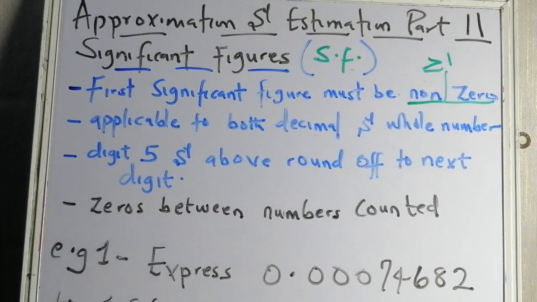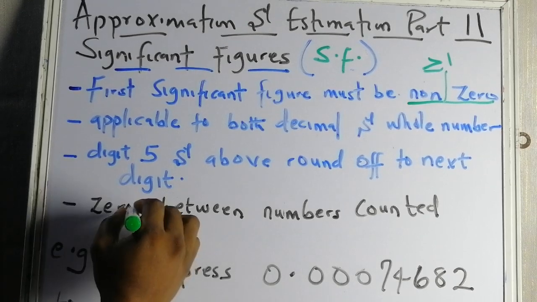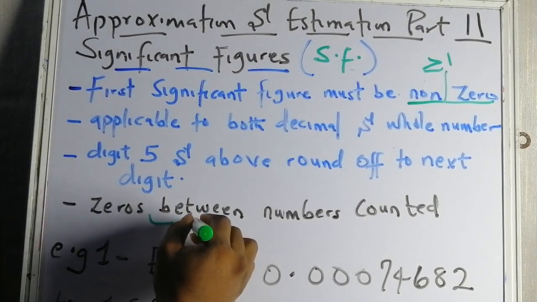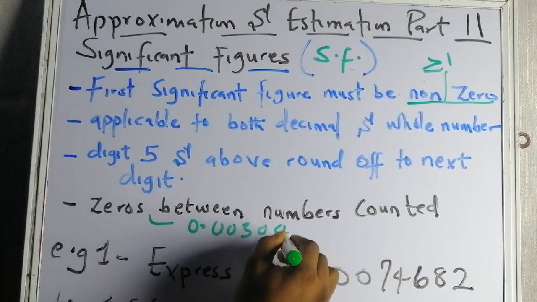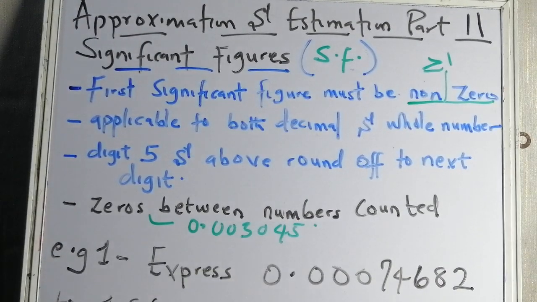Now, zeros between numbers are counted, so you need to count zeros between numbers. Let's have an example so that we can understand it better. Let me say I have 0.003045.